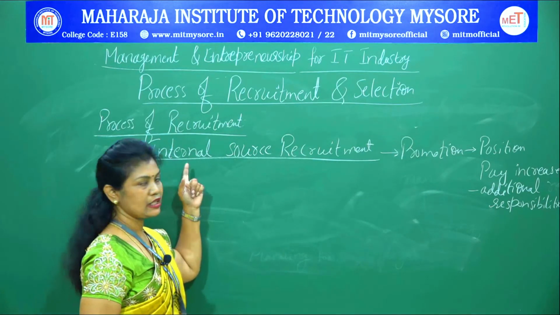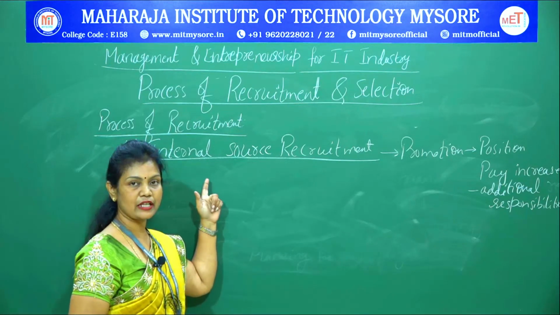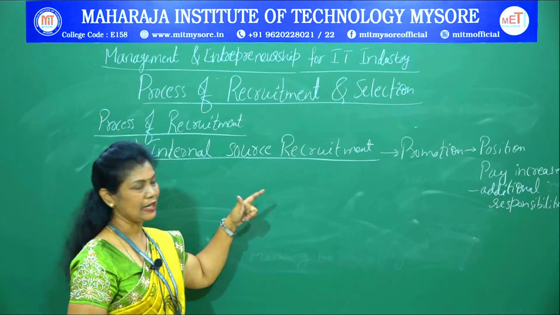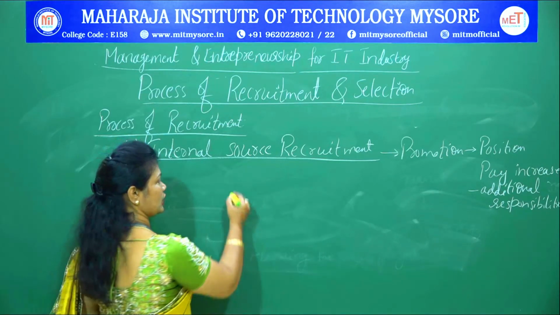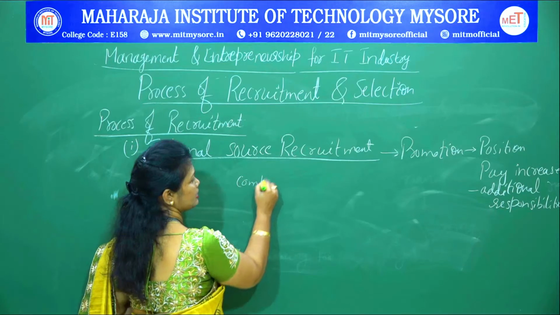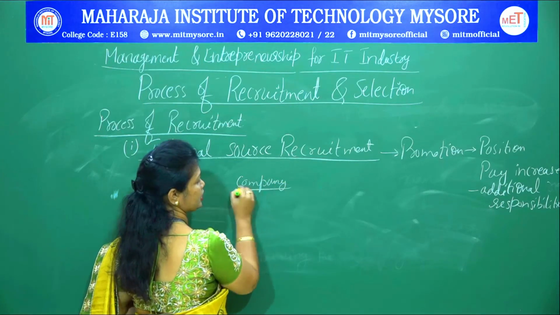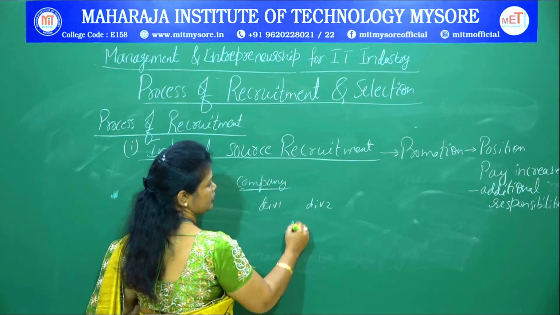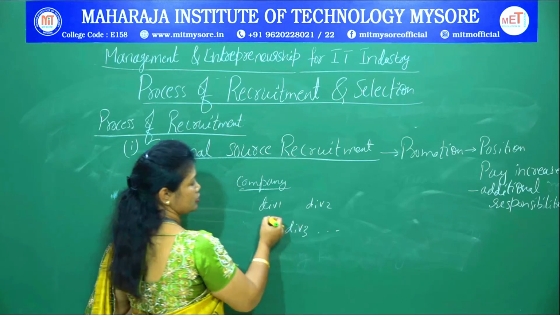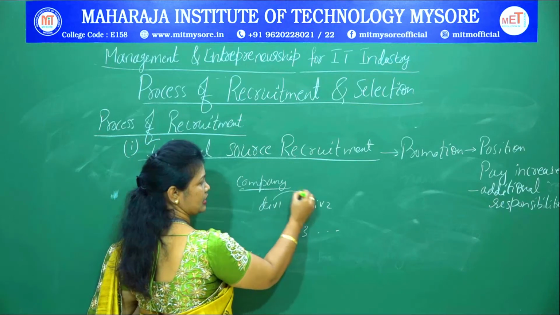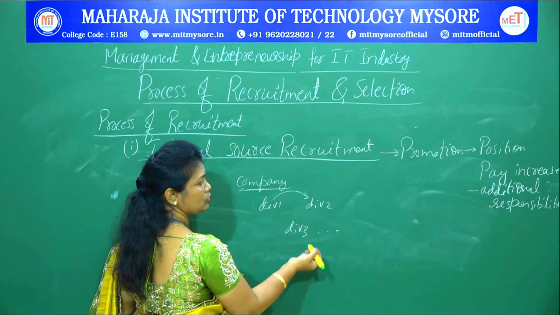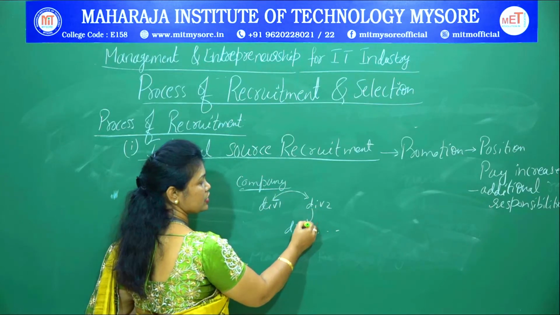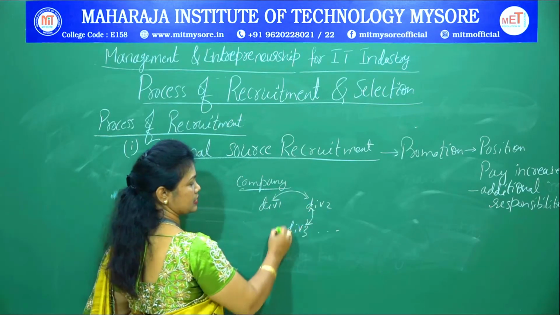Another way of internal recruitment includes transferring the employees from one division to another division. If the organization has more than one division, say for example division 1, division 2, division 3 and so on, here the employees can be transferred from division 1 to division 2 or vice versa, or from division 2 to 3 or vice versa.